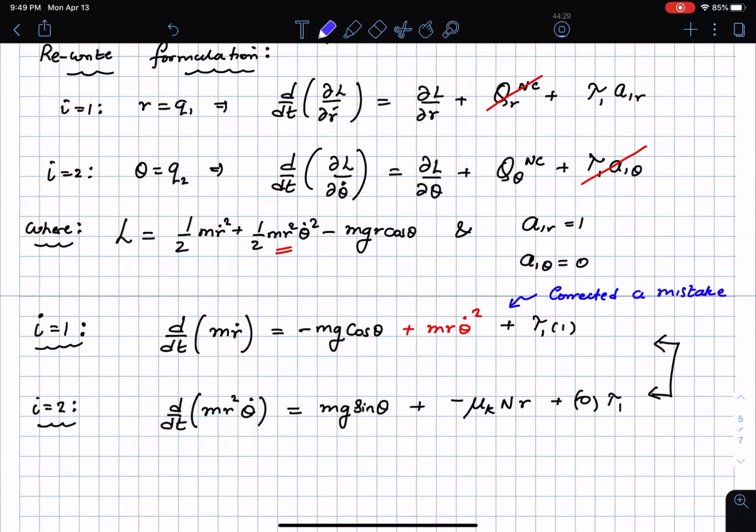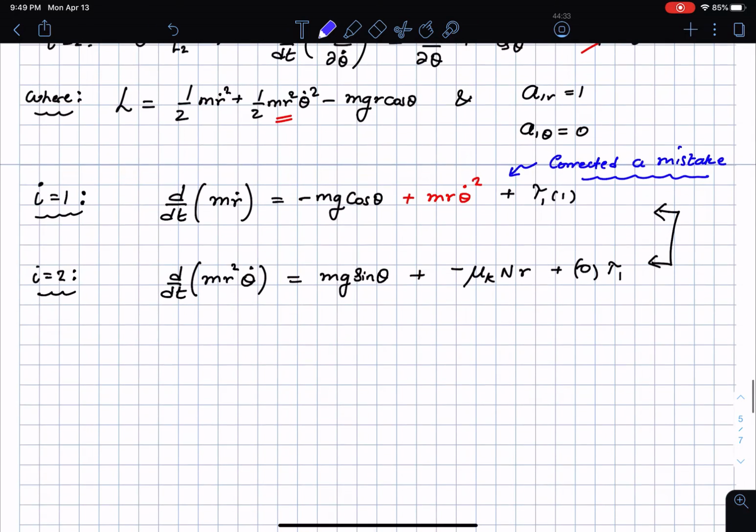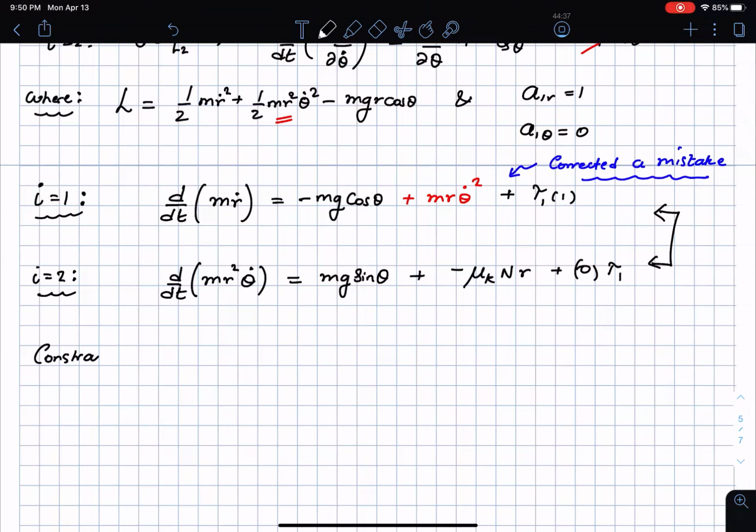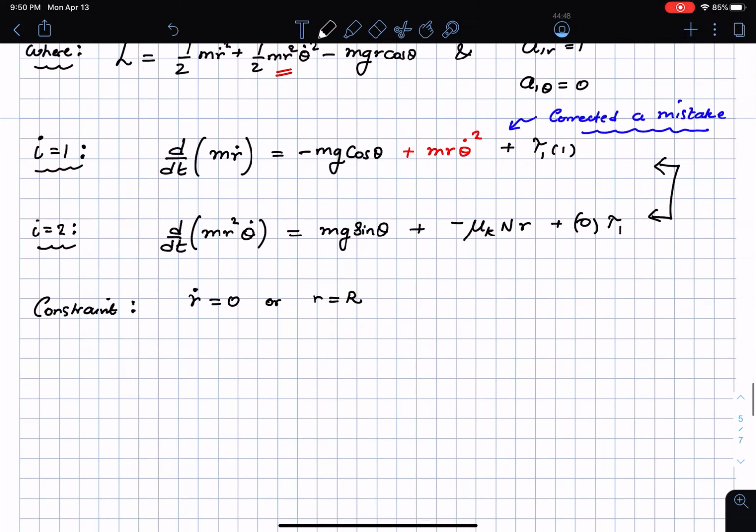Apologies for that. And then I have one more thing where we say that the constraint equation is that r dot is equal to 0 or r is equal to capital R. And now I'm ready to do the substitutions. If I look at the i equal to 1 equation, I can see that this is d by dt of 0.